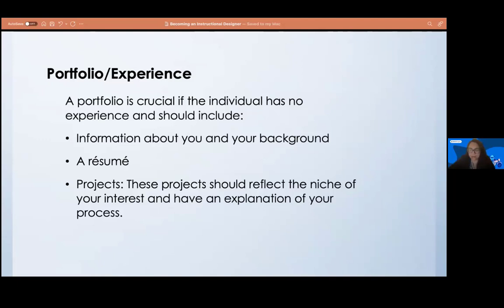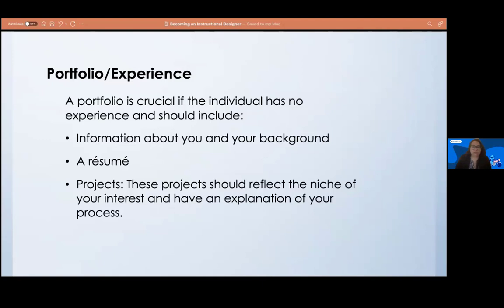And what should you include in this portfolio? Well, information about you and your background, a resume, and projects that you have been working on. These could be just mock projects that you want to present, especially to reflect the niche of your interest.